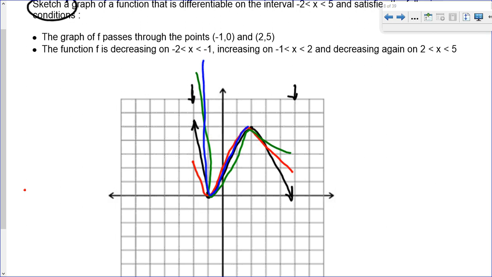I'm pretty limited here because it's increasing on the interval. I couldn't go up and then back down. It has to be completely increasing on the interval from -1 to 2, and then I could drop like that. So the basic idea is represented with the criteria, the conditions that need to be satisfied here. The sketch is important because it could have other endpoints here, and that's the idea.